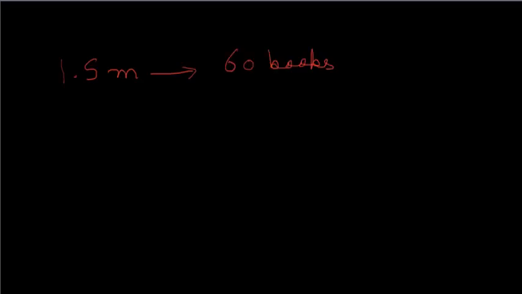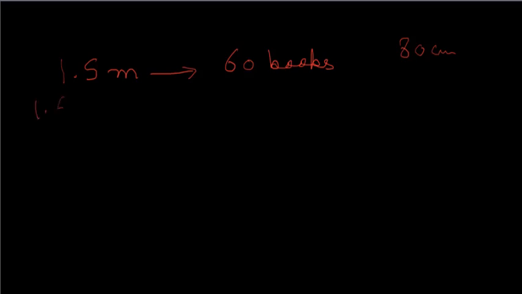I'm not going to make this one over here. So before that, I would like to convert this meter into another unit, centimeter, as we have to find how many books an 80 centimeter shelf can hold. So I would convert this meter into centimeter. To do that, I would multiply this one with 100 and divide it by 100.